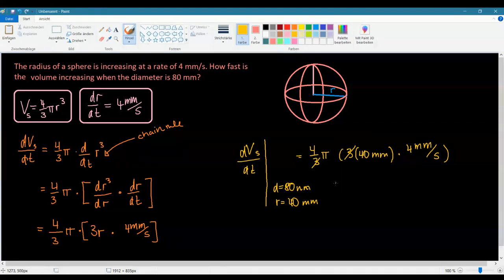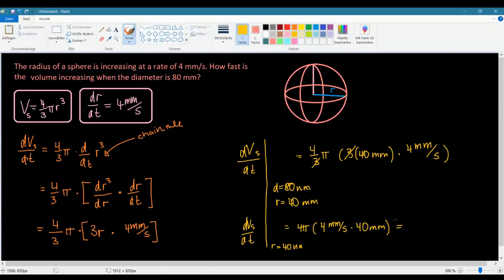I'm going to write it down here again: dV by dt, r is 40 millimeters, equals 4 pi times 4 millimeters per second times 40 millimeters.